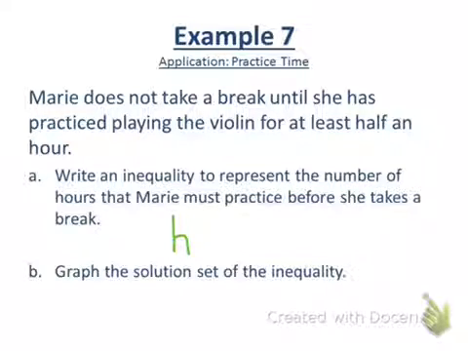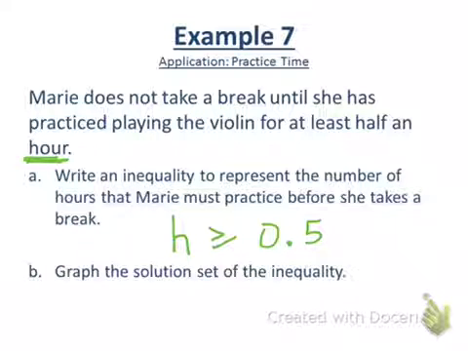All right, what does that mean? Greater than or equal to 30. Let's say 0.5 or 1/2. The reason we're keeping the units as they're given to us is that we don't want to change units.